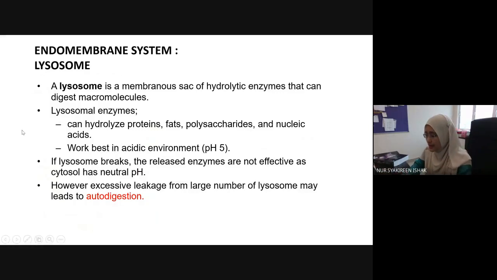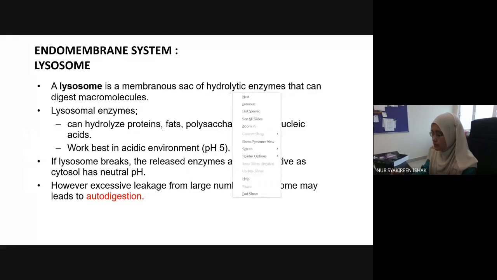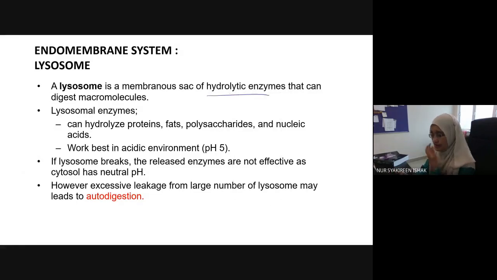A lysosome is a membranous sac of hydrolytic enzymes that can digest macromolecules. Okay, so inside the lysosome you have hydrolytic enzymes. So lysosomal enzymes can hydrolyze proteins, fats, polysaccharides, and also nucleic acids, and they work best in an acidic environment, which is pH 5.